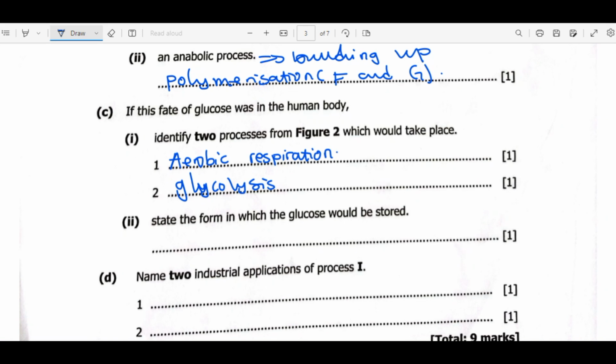This is part of the endocrine system. The storage form of glucose is glycogen. Remember, this has to do with hormones such as insulin. The insulin converts the excess glucose into glycogen when there is too much glucose in the blood. Then we have the hormone glucagon, which reverses this: it converts glycogen back to glucose when there is less in the body.